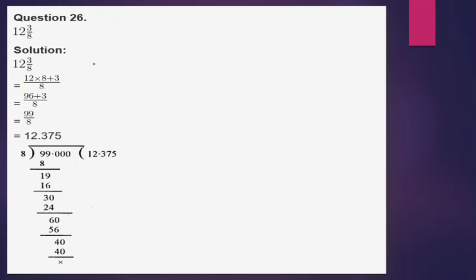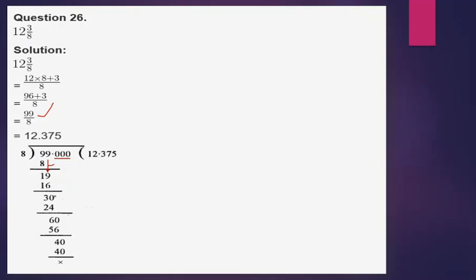See the next question, 12 3 by 8. In this question also, the same concept. Firstly we will convert the mixed fraction into an improper fraction. After conversion we get 99 upon 8, and then we have to divide 99.000 by 8. Firstly 8 1s are 8, and then we get 1, insert 9.